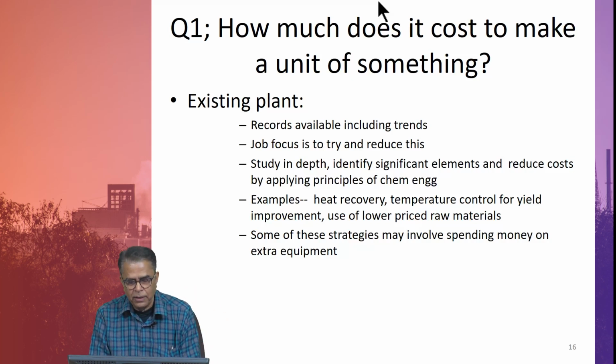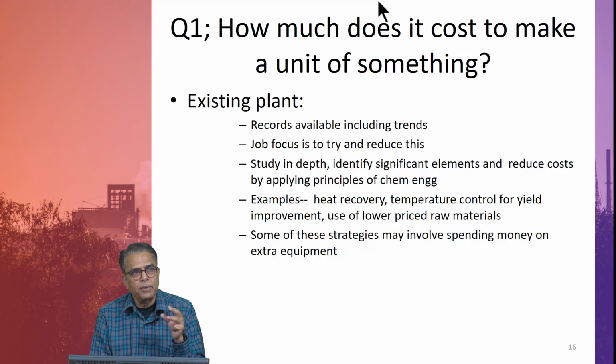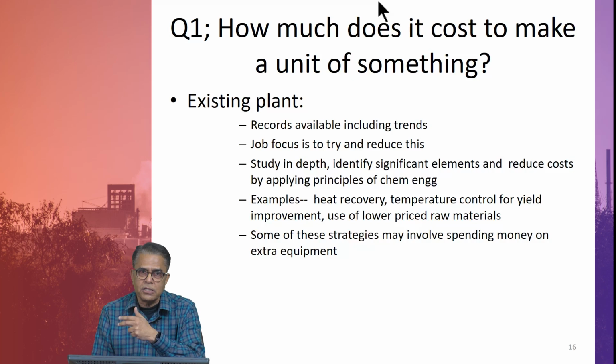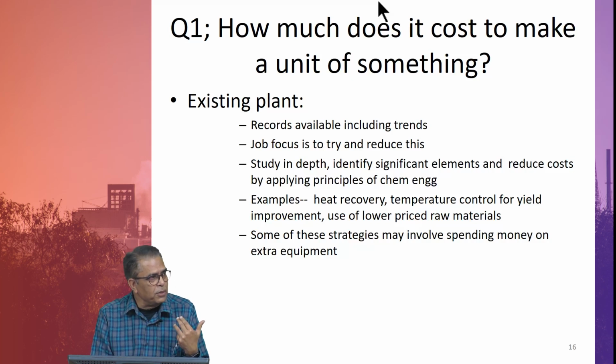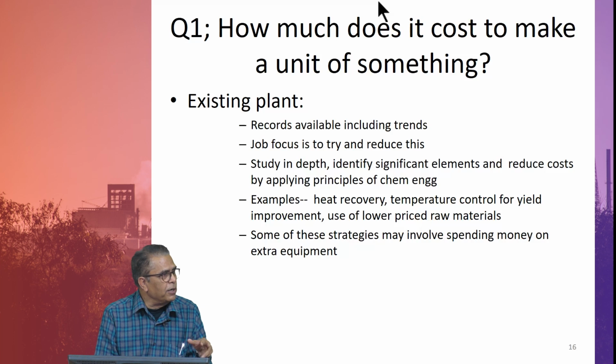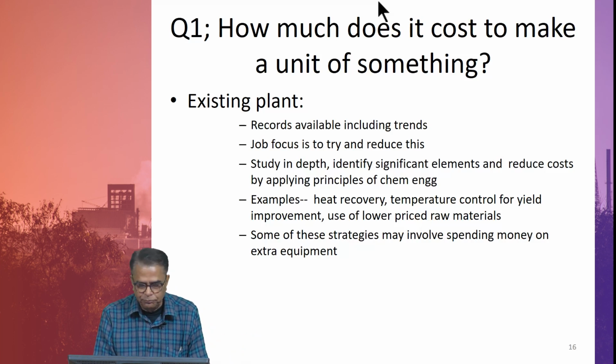There is an example later on that I will get into. The important point to remember is, if you are at a manufacturing unit, after studying the historical trends, you come out with an idea: I would like to reduce the cost in this manner. Some strategy will form. In that strategy, sometimes some additional equipment will be required, which is not present.